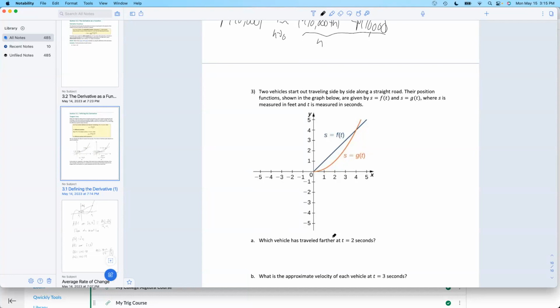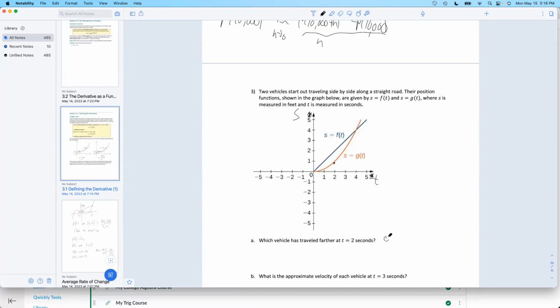So let's see. At 2 seconds, right there, the orange car has only gone 1 foot, because y here is measured in feet. Whoever drew this graph wasn't thinking. This really should say s, and this should say t, position and time.